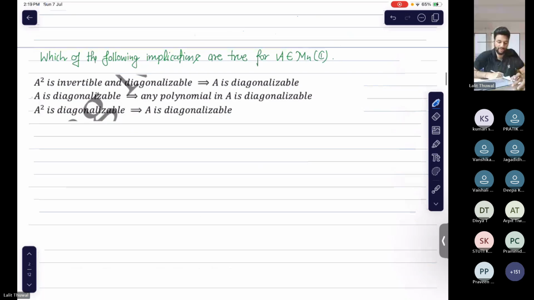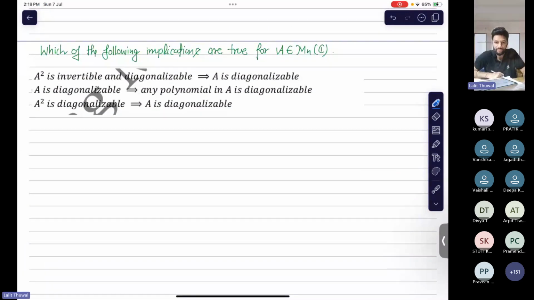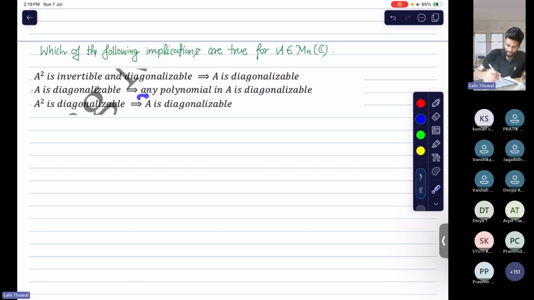No? Okay. So the next question is, which of the following implications are true for a matrix A in M_n(C)? If A square is invertible and diagonalizable, then A is diagonalizable. If A is diagonalizable, then any polynomial in A is diagonalizable. And the last one, A square is diagonalizable implies A is diagonalizable.